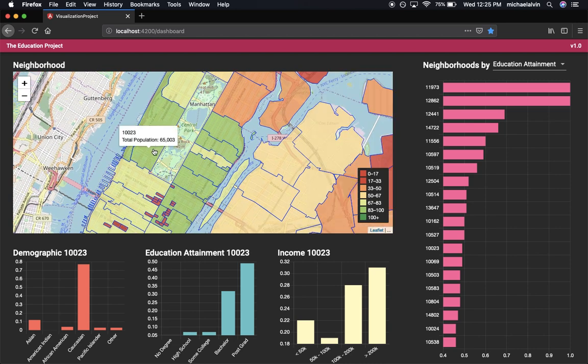As you can see, this is one of the better off neighborhoods in terms of education. And through this analysis of this dashboard, we can see that the more educated a zip code is, with higher education rates, the more likely they are to have a higher income.